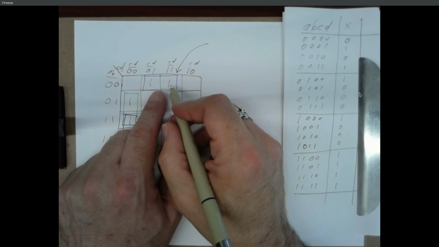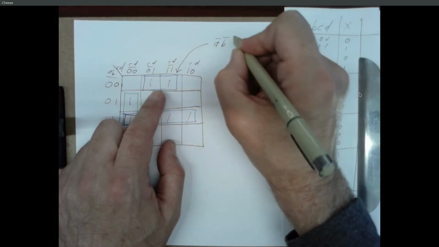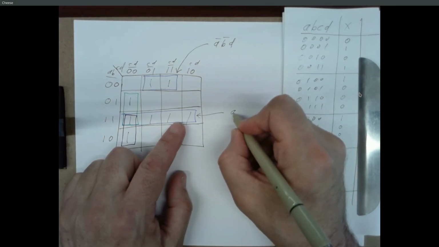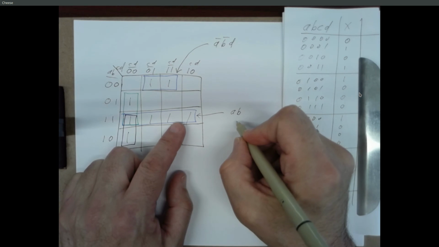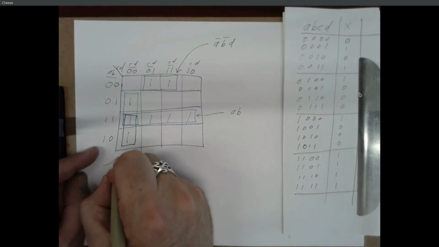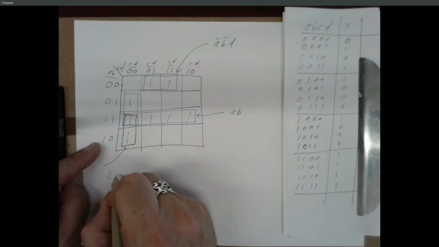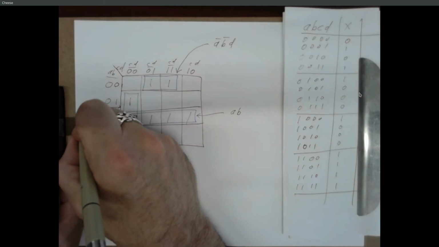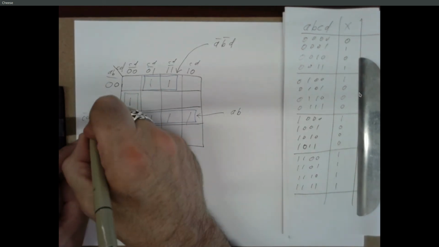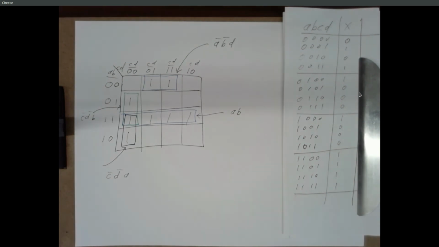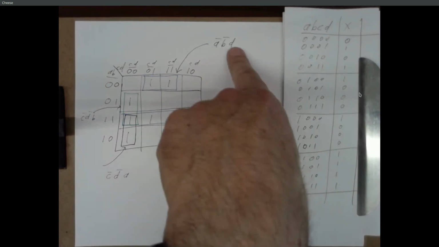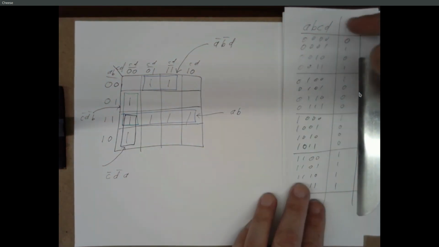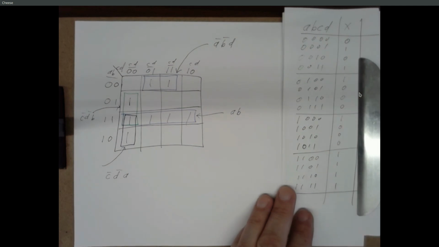This is going to correspond to the product term A bar, B bar, D. This big box is going to correspond to the product term A, B, just A, B. This purple rectangle is going to be the product term C bar, D bar, A. And the green rectangle is going to be C bar, D bar, B. And our final expression will be this, ORed with this, ORed with this, ORed with that. And it's a very succinct representation compared to our original truth table, which was 8 product terms, each with 4 inputs.